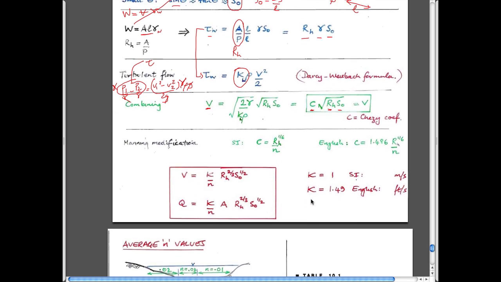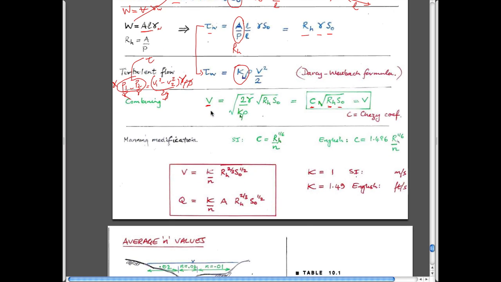This is named for Chezy, who was a French scientist. The Manning formula and Chezy formula are basically the same, but modified so that this coefficient is now taken as some number which is found experimentally to hold.